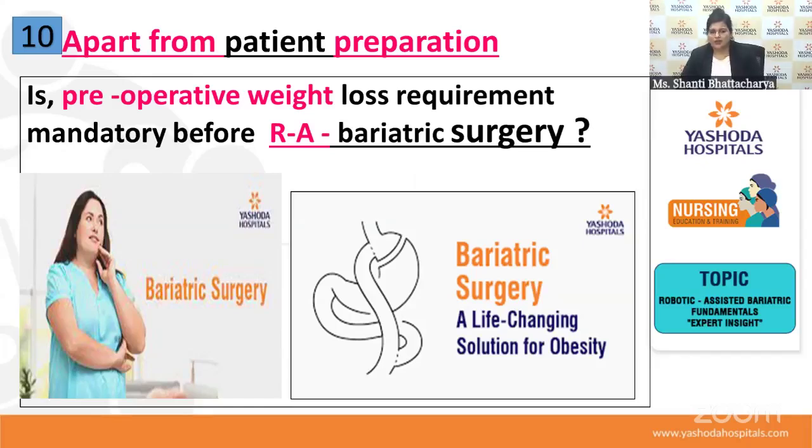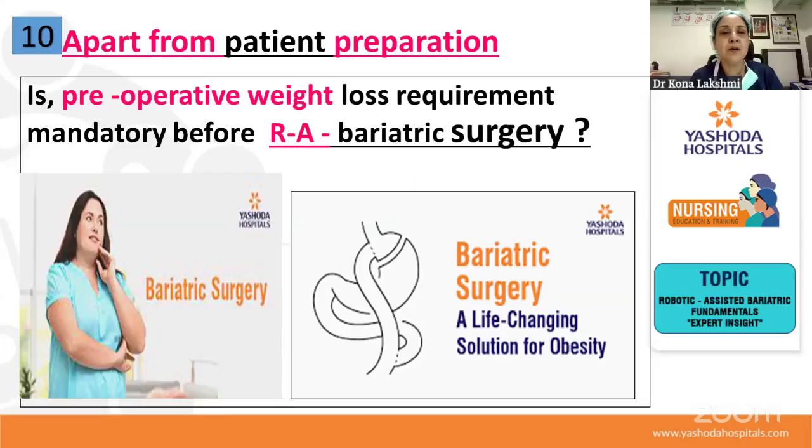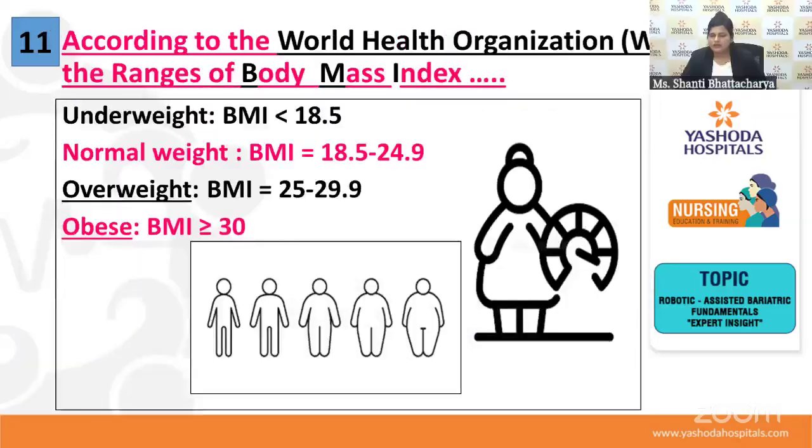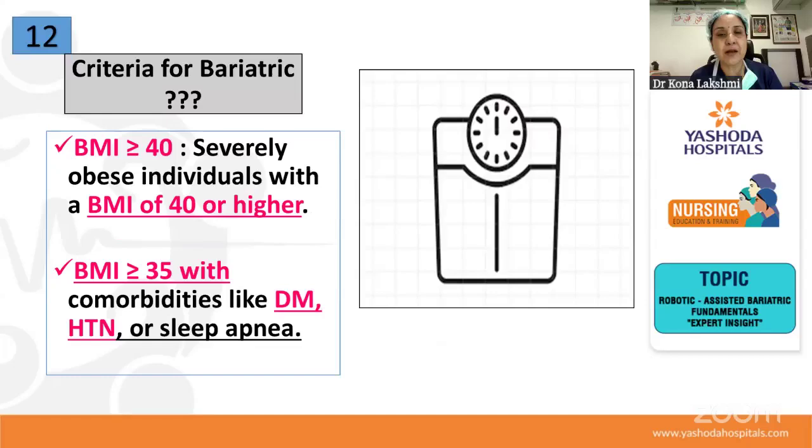Exactly. Apart from patient preparation, for a client who comes to you, is pre-operative weight loss also required, ma'am, before they proceed? No, no. Pre-operative, not weight loss. We prepare them. Sometimes the super obese, those with BMI more than 60, have big fatty livers. And the liver is sitting exactly over the stomach where our surgery happens.